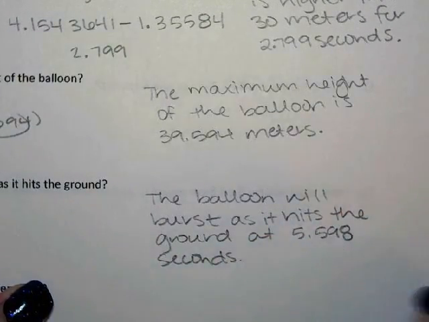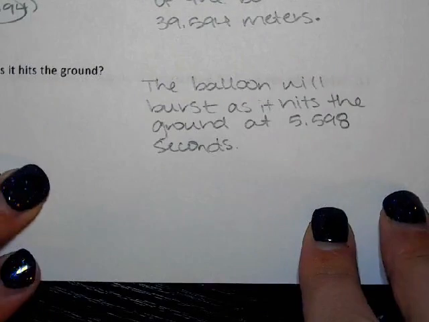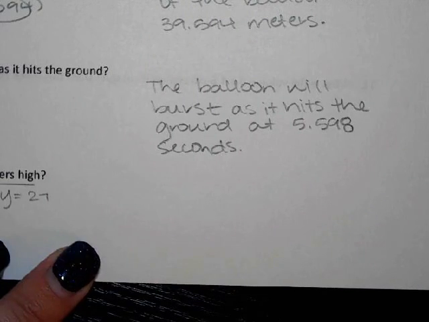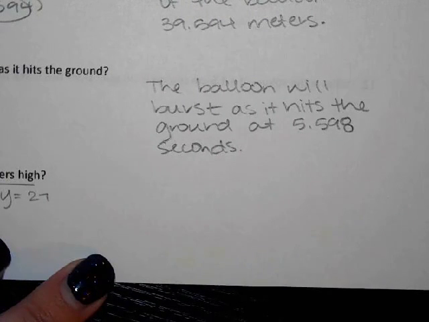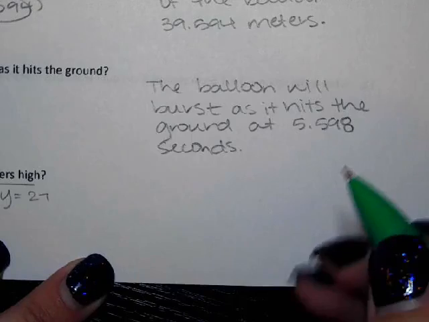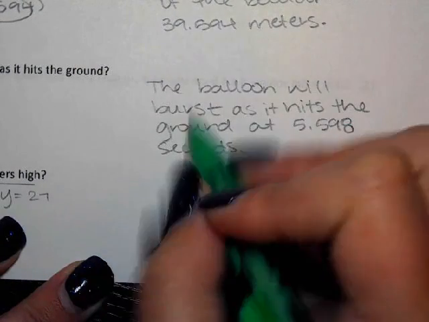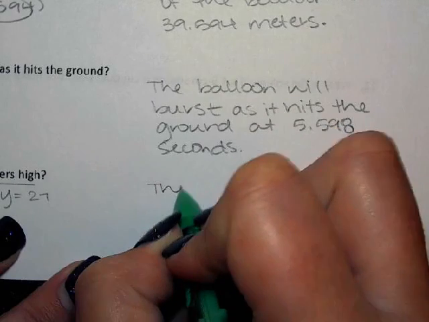All right, what is our last sentence? Nerd. Not wrong. I would say the balloon is 27 meters high at.